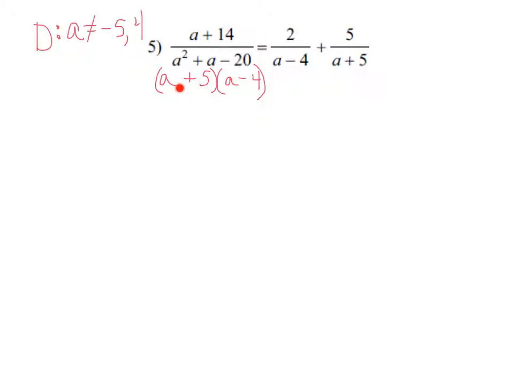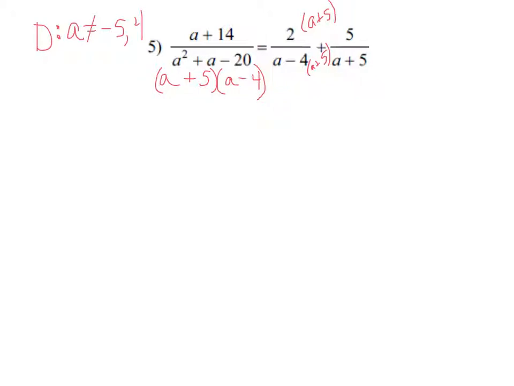This fraction here says got to have an a plus 5. All right, this does not have an a plus 5, but this does. So this middle fraction is going to have to get multiplied by an, I guess it's not an x, it's an a. Going to have to be multiplied by an a plus 5.